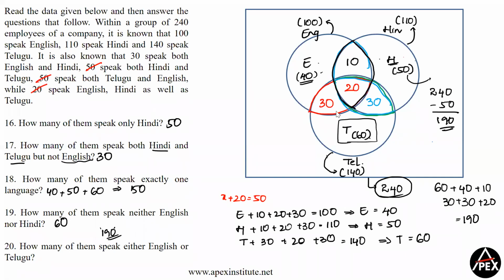So 60 plus 30 plus 40, 130 people cannot speak Hindi. Or you can also do that by taking the total number of employees, 240, and subtracting the persons who speak Hindi, 110. So I can say that these 130 people do not speak Hindi.